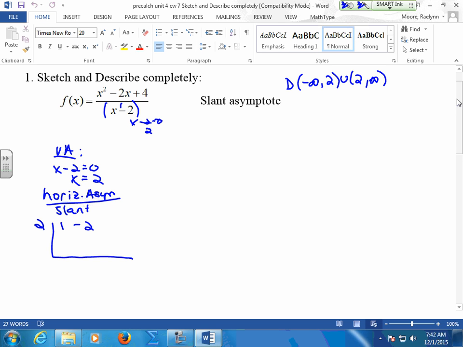What's the equation of a line? y equals mx plus b, right? It's only x to the 1, right? We could have a quadratic be a slant, depending on how these work, but this is going to give us an x to the 1. So we're going to pull these out, and we're going to divide these.